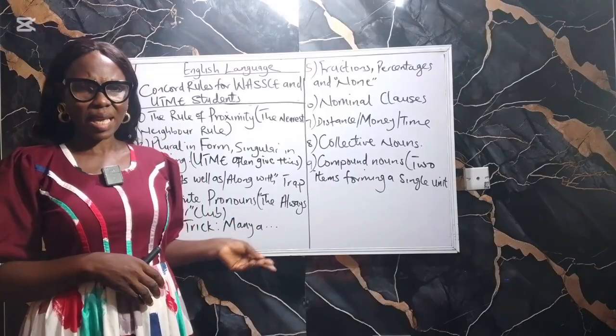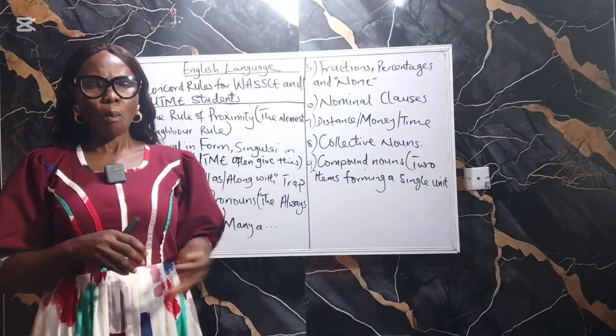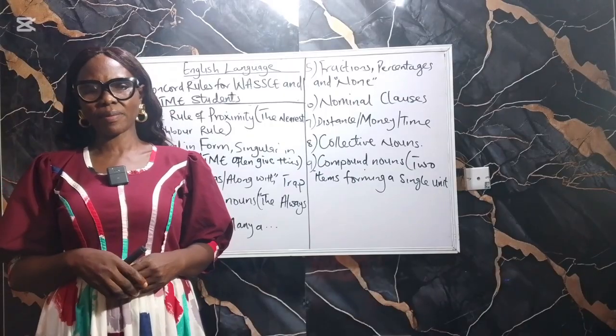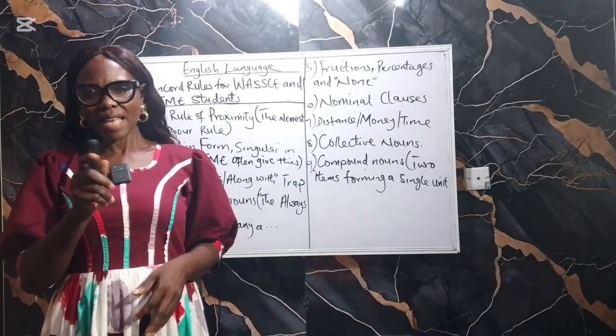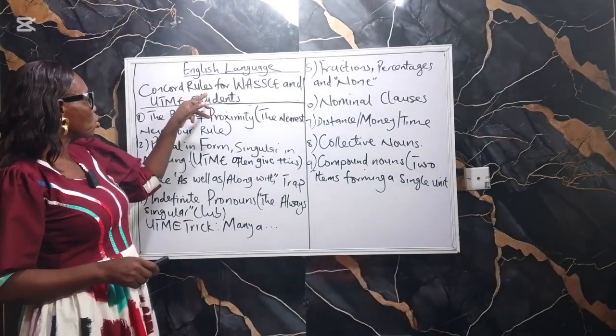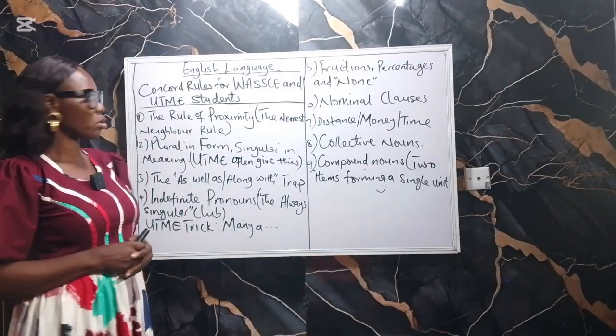At the end of the lesson, you will not only know those rules, but you will be able to spot the trap at a distance. Let's get started. So the topic is Concord Rules for WASSCE and UTME students.